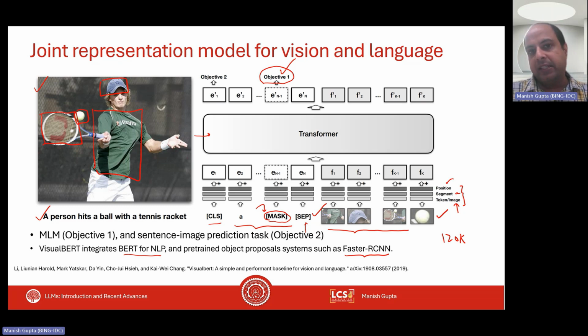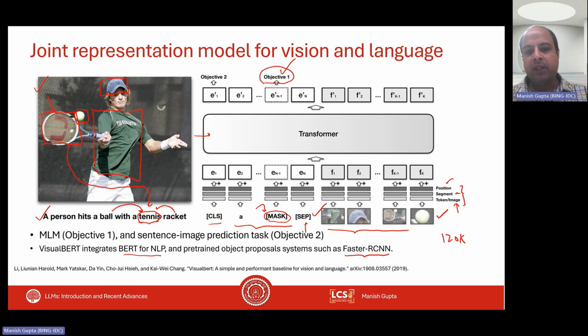So the accuracy here for masked language modeling should ideally be higher, because now the masked word, let's say tennis, can possibly be guessed not just based on racket and ball and so on, but also based on what the model sees in the image. This knowledge should help improve the masked language modeling accuracy, making the model learn how to relate this particular image with the word tennis.